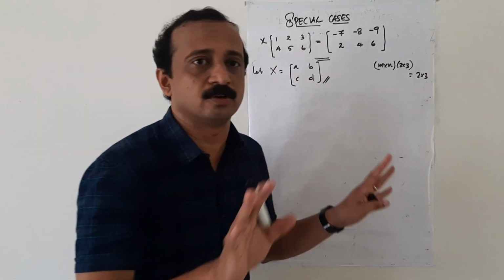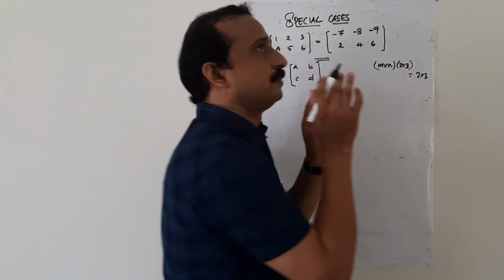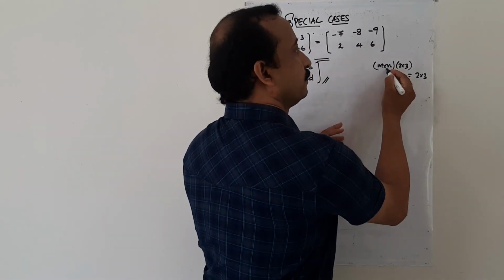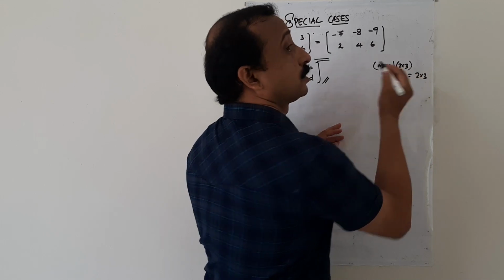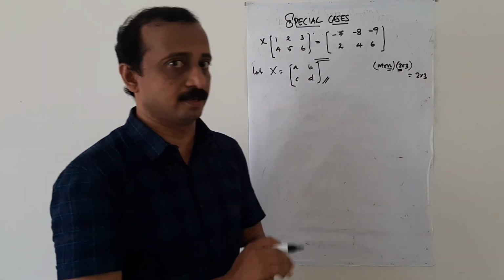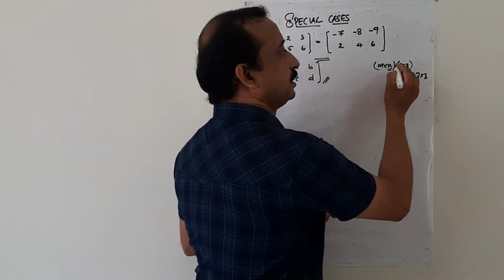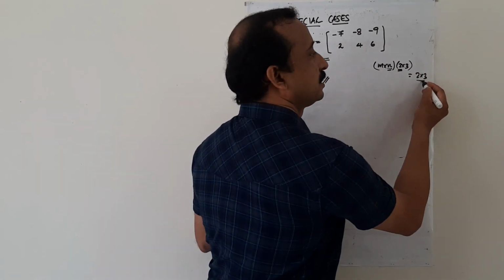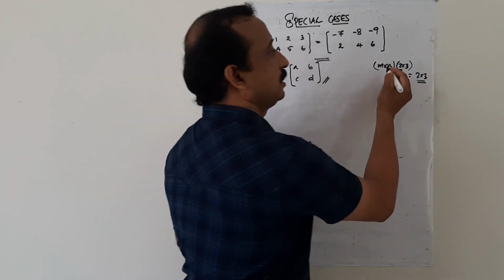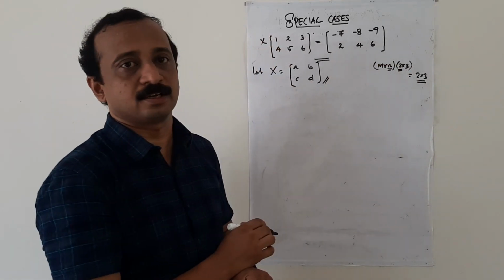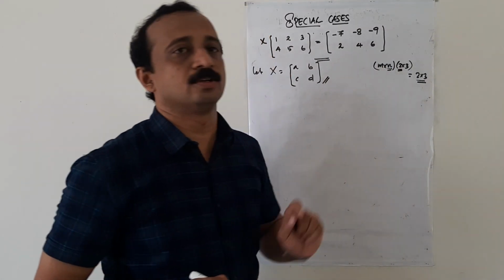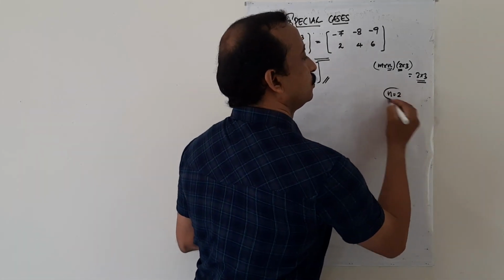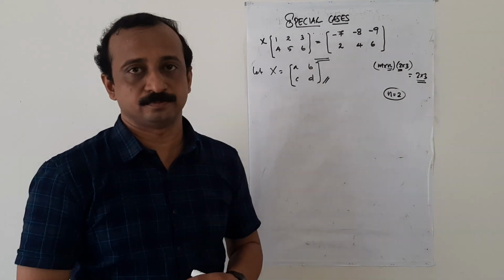You know that for two matrices, multiplication is possible if the number of columns of the first matrix and the number of rows of the second matrix are equal. So M by N into 2 by 3, the multiplication is possible because our resultant matrix is available. So the number of columns of the first matrix is equal to the number of rows of the second matrix, and here we get the answer N is equal to 2.